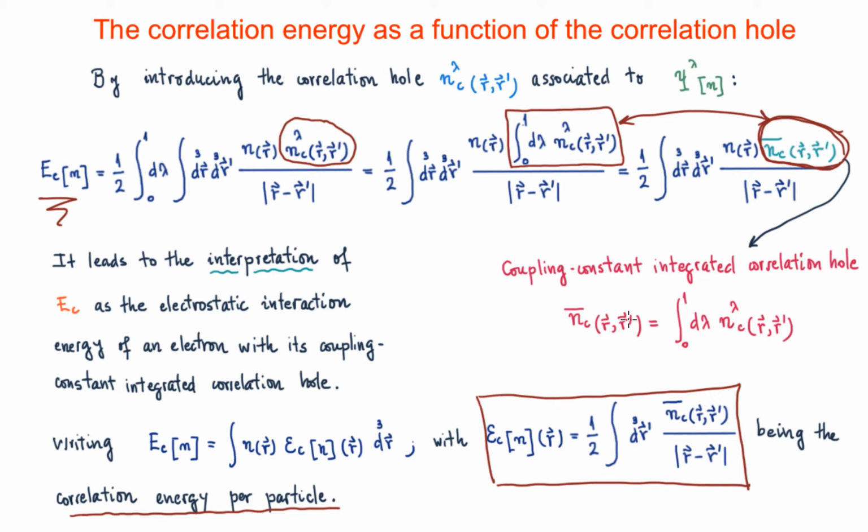But in this case, we needed the application of the adiabatic connection formula, because the correlation energy functional in principle depends not only on the potential energy, but also on the kinetic energy. And in order to have a closed expression just in terms of the potential energy, we needed the application of the adiabatic connection formula.